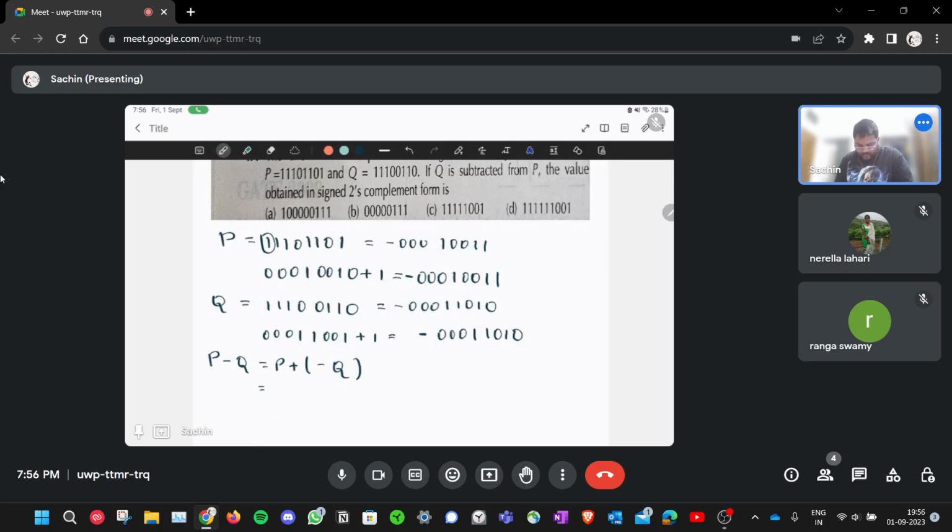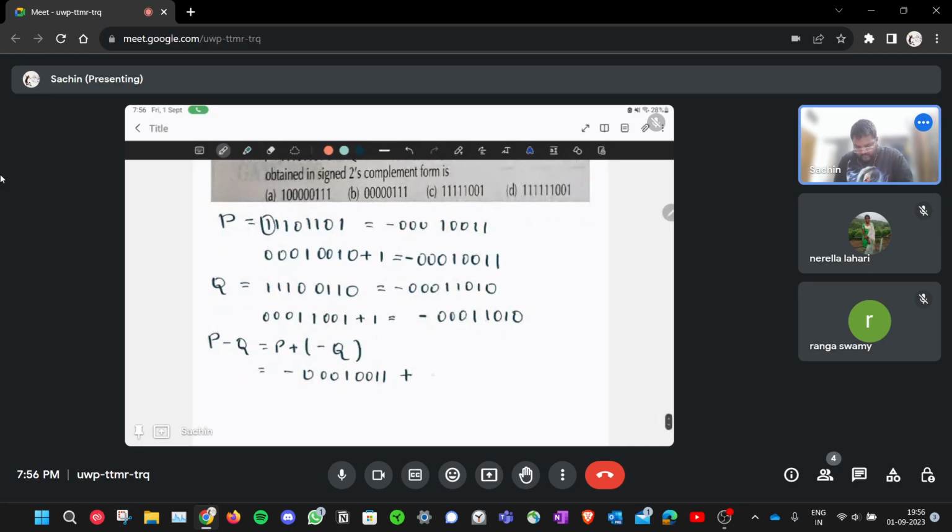Okay, wait a bit. It's actually minus 00010011 plus 00011010, and the initial zeros can be taken away. They don't really matter here.